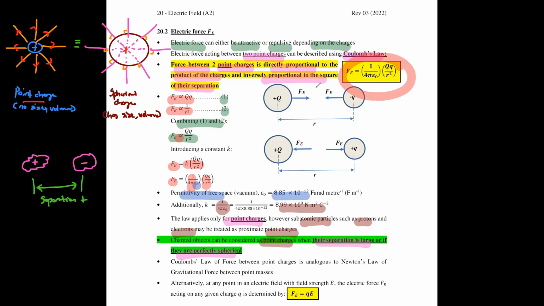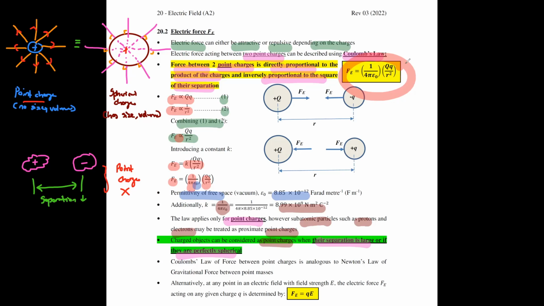So in your case here, because the separation is quite small, this one is not considered a point charge. You cannot consider them as point charges because the separation is too small.